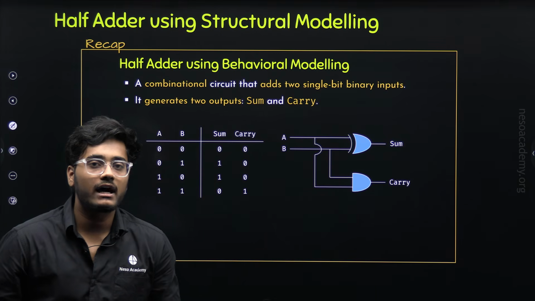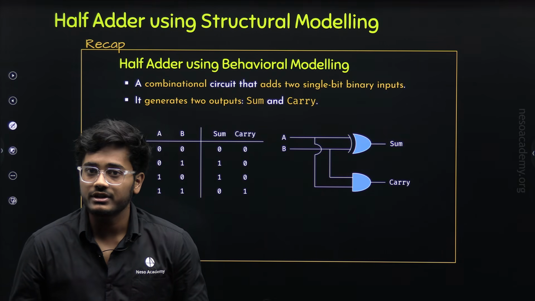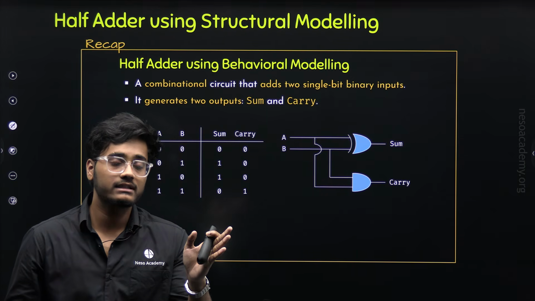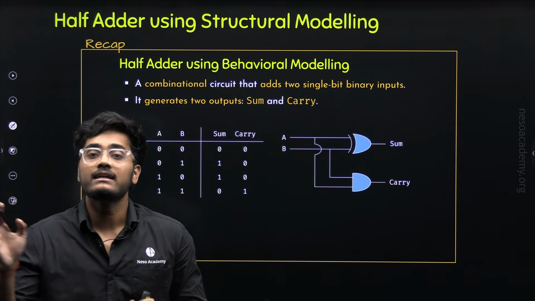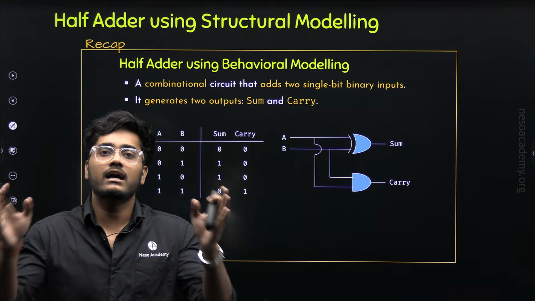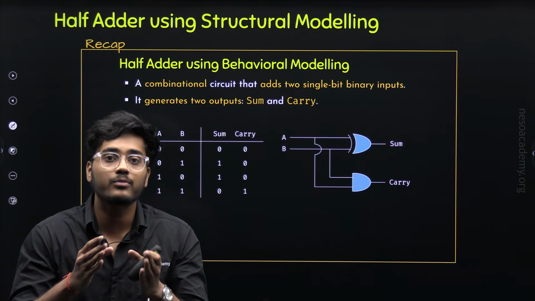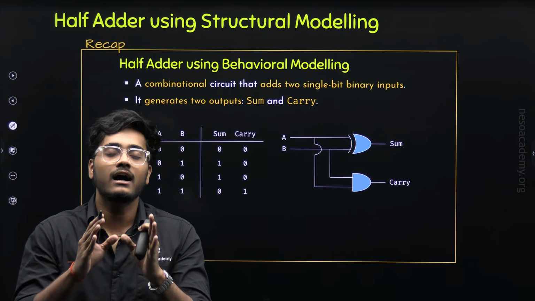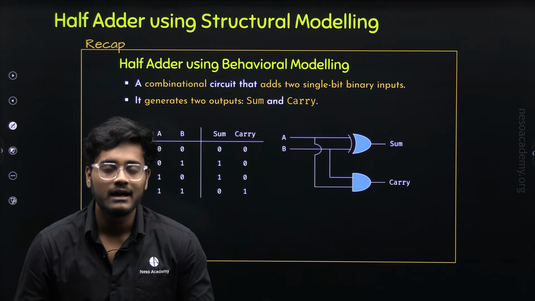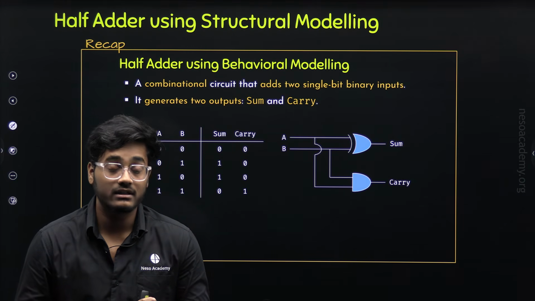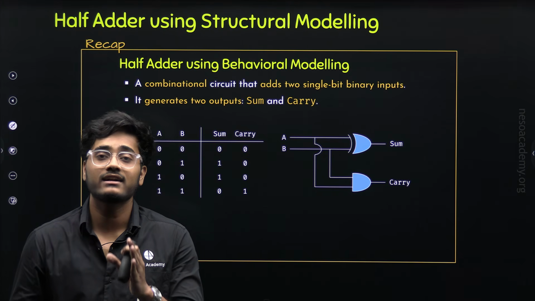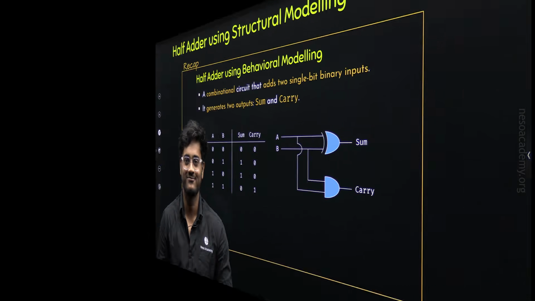So in Vivado, we will write the VHDL code for the XOR gate and AND gate separately and then combine them together using port mapping to create the half adder. So let's implement the half adder using structural modeling in Vivado.